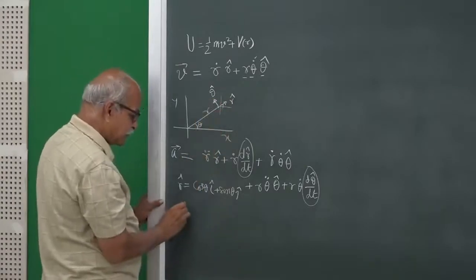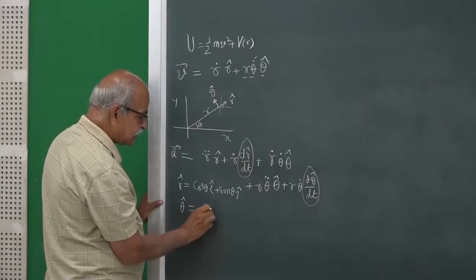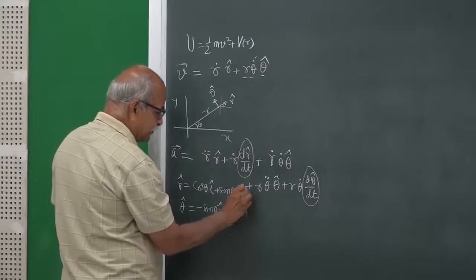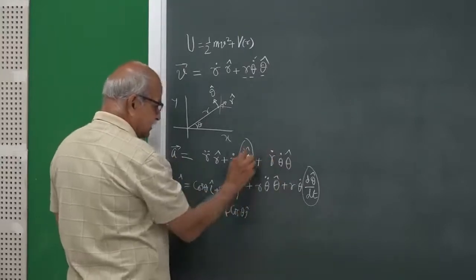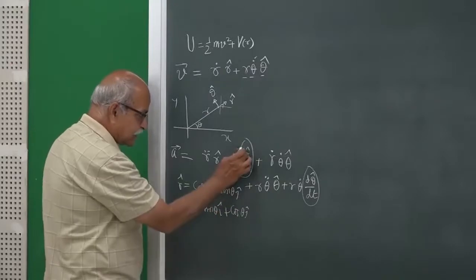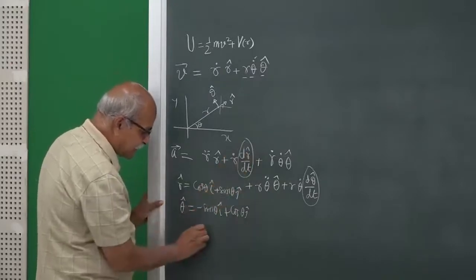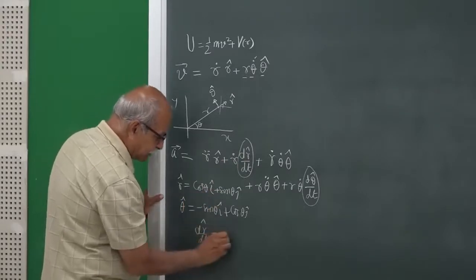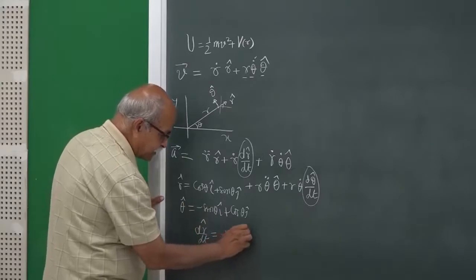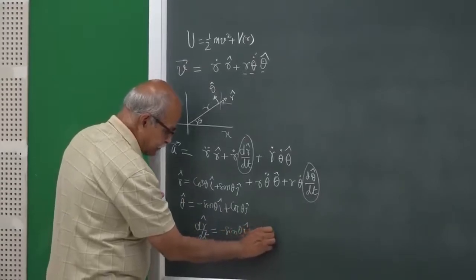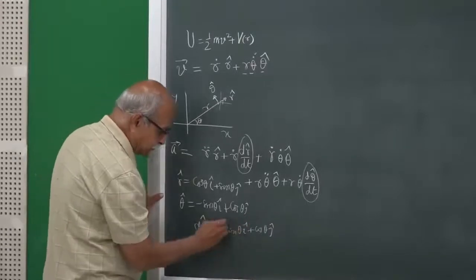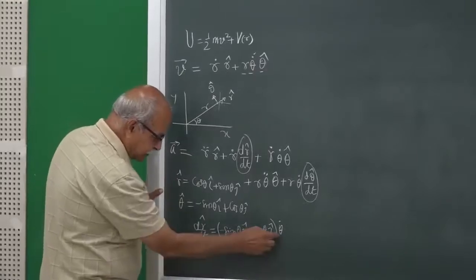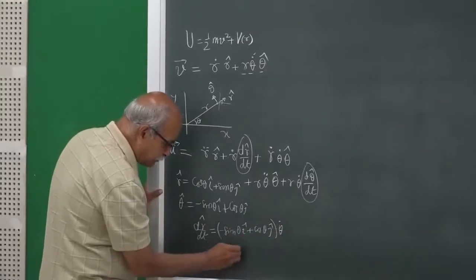Theta cap you can decompose as minus sin theta i cap and plus cos theta j cap, and from here you can write what is dr cap dt. We had done that. You differentiate this. So, it is minus sin theta i cap plus cos theta j cap. So, this is how it goes, and then theta dot, of course, because you have to differentiate with respect to time. So, this is theta dot and then theta cap.